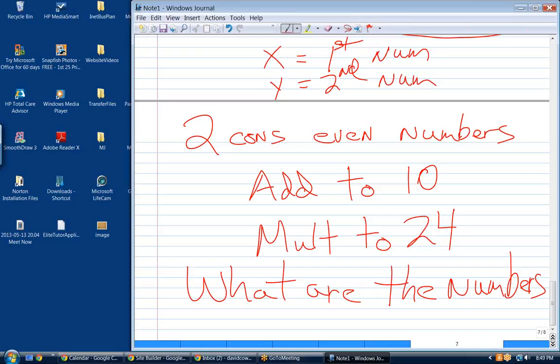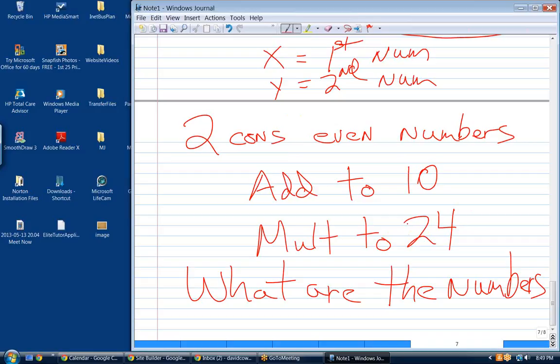Kinda. The key in any word problem is to assign a variable and say what it means. They're asking me what 2 numbers, even consecutive numbers, add to 10 and multiply to 24.